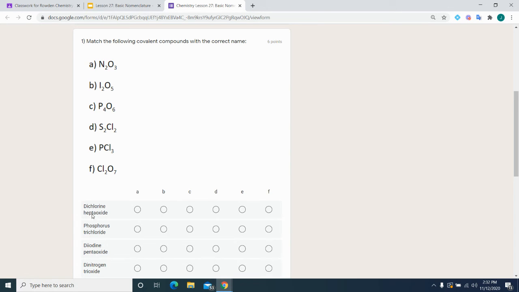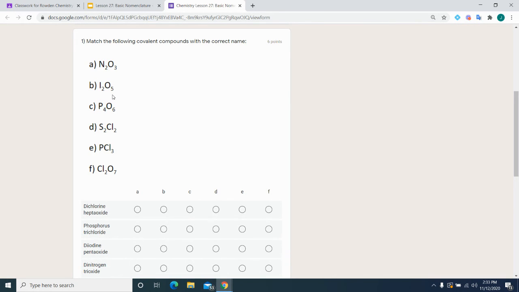Dichlorine heptaoxide. Di means 2, hepta means 7. So what's one with 2 chlorines, 7 oxygens? Here we go, F. Phosphorus trichloride, that's going to be 1 P, phosphorus. Tri, that's 3, chlorine is Cl. So PCl3, here we go. Diiodine pentoxide. So that's going to be diiodine, so I2.